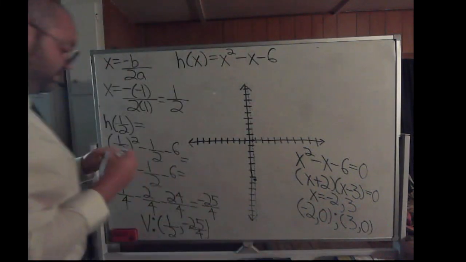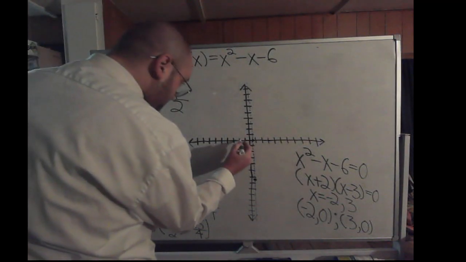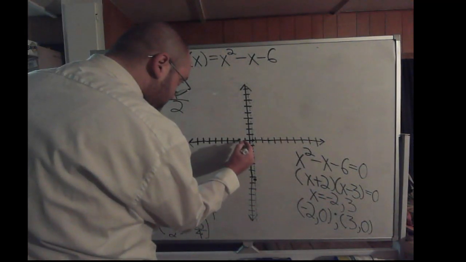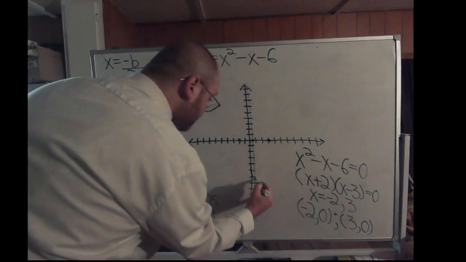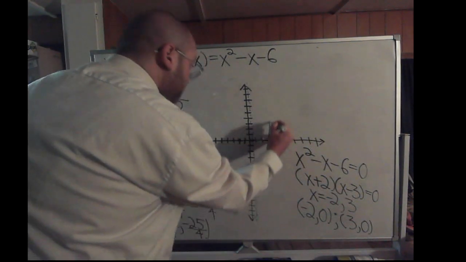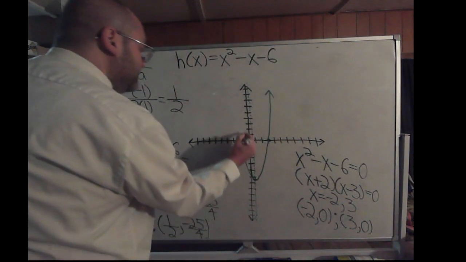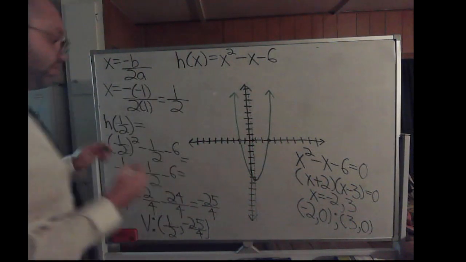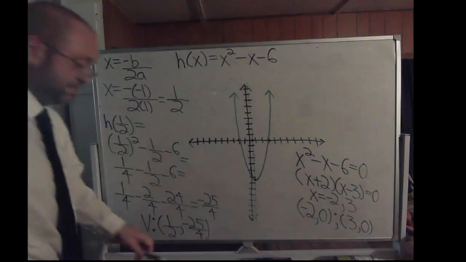Those are your x-intercepts, -2, 0, and 3, 0. So let's go ahead and plot the x-intercepts right there. Now we just got to connect the parabola, connect the dots, and you have your graph of h of x equals x squared minus x minus 6.